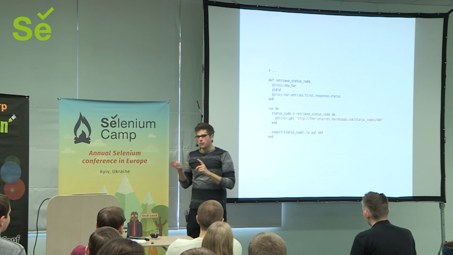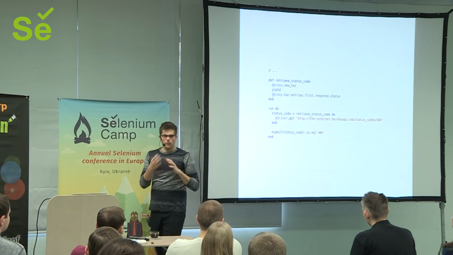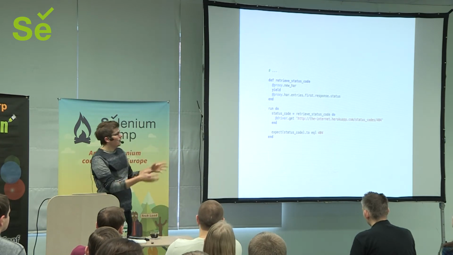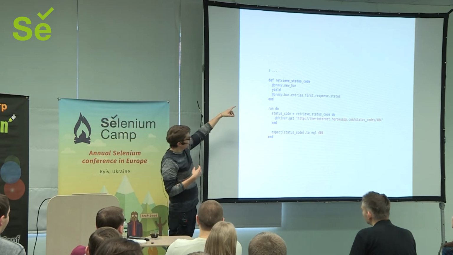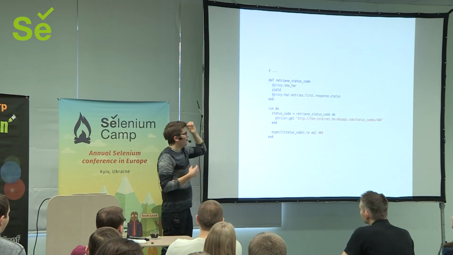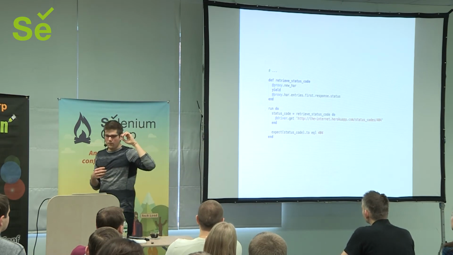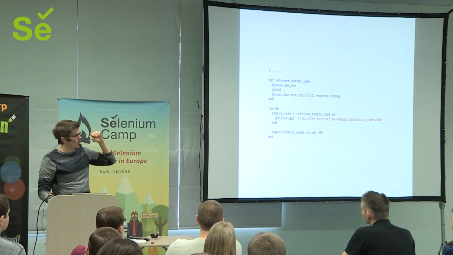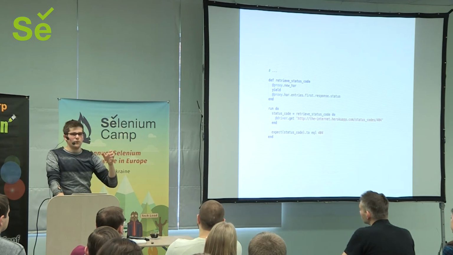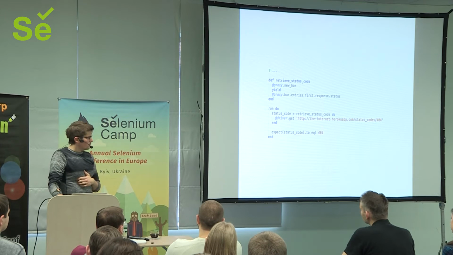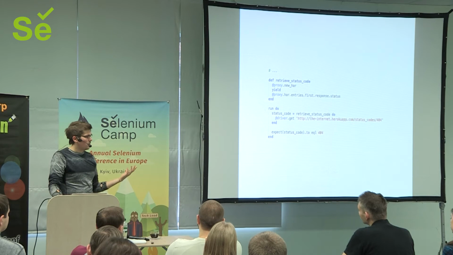Whatever number you throw at it, it will return that status code. So if you go to a 404, like we're doing here, it gives a 404 status code. So when we do that, retrieve status code, it's going to pluck out the status code from the HTTP archive from the proxy server, and then we're going to assert that it actually was a 404. So a little bit extra work, but now we can check status codes off of URLs using Selenium.